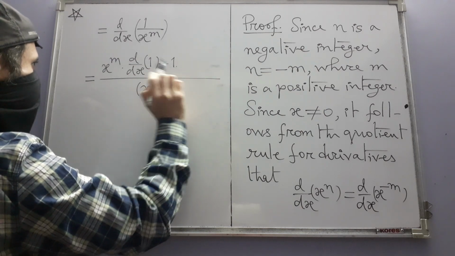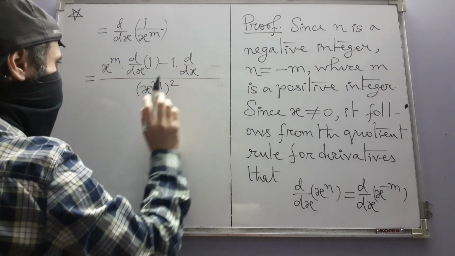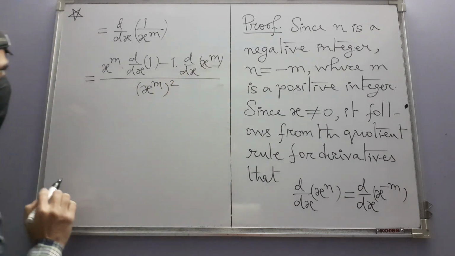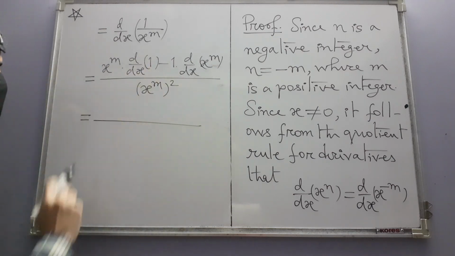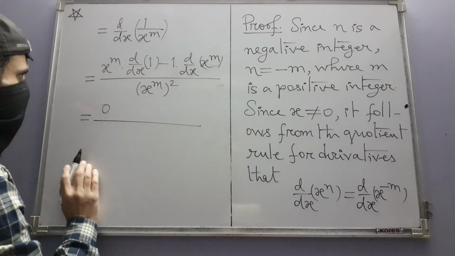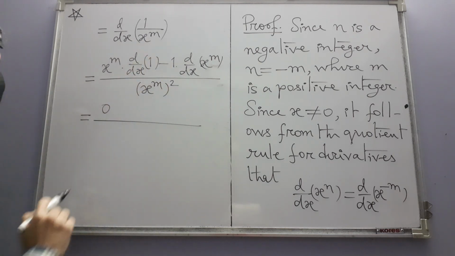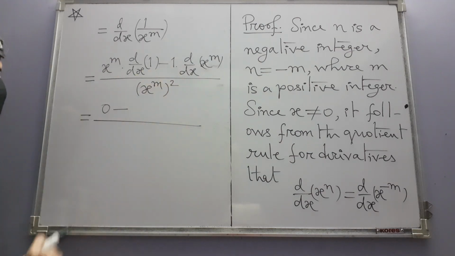Then you keep the numerator intact and differentiate the denominator. So you can see that because 1 is constant, by the constant rule, this is 0, so 0 times x to the power m is 0. Minus, there's of course no need to write 1.